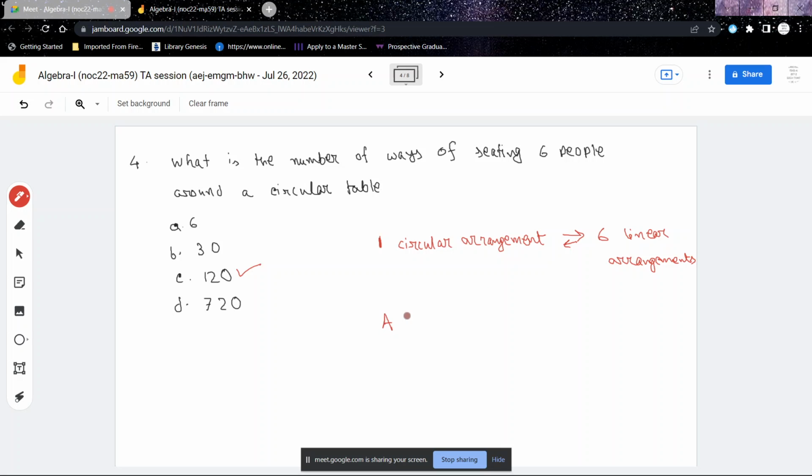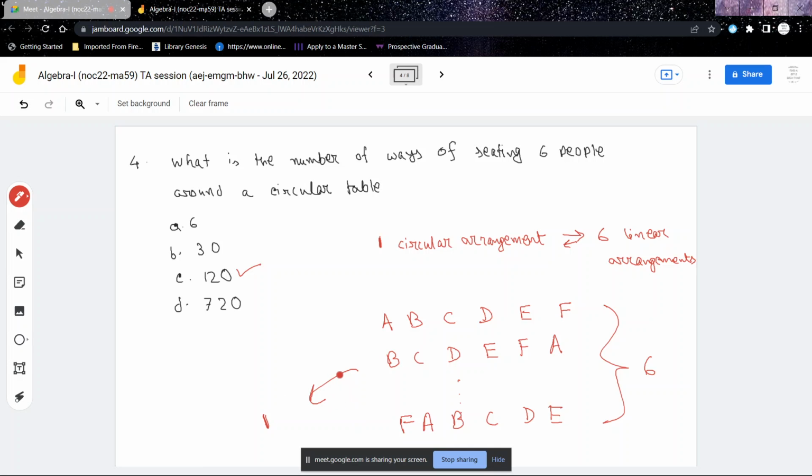Basically, if you arrange A, B, C, D, E and F in a line, then this is one configuration. If you push A back to the end, you get another configuration, B, C, D, E, F, A, and you continue until you end up with F, A, B, C, D, E. So you have a total of 6 linear arrangements, but all of them correspond to exactly one circular arrangement.